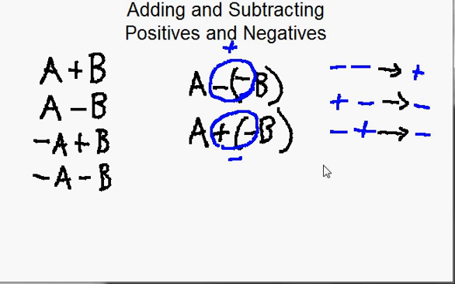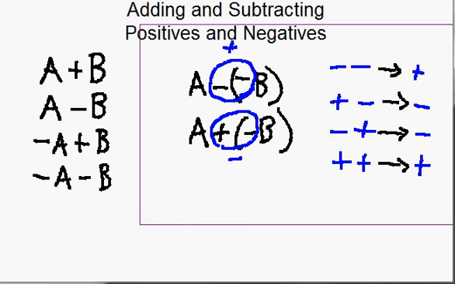And of course, I guess a plus plus will become a plus. So once you make these simplifications, you end up with one of these four situations. And so we just need to handle each of these four separately.